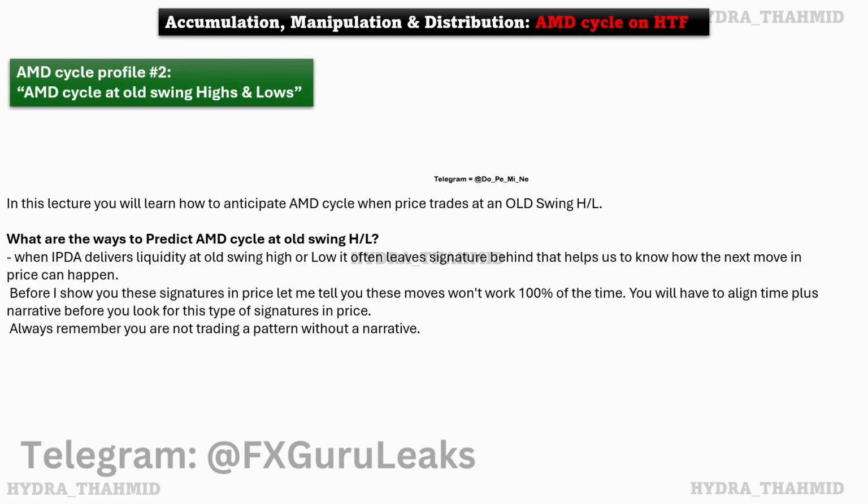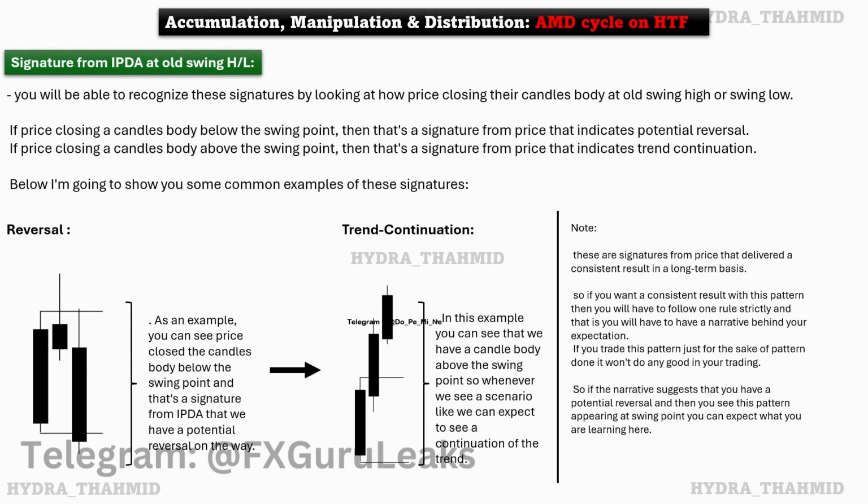I already introduced these signatures to you in our previous lecture, but here we'll be going a little bit deeper into this. Signature from IPTA at old swing high or low. You will be able to recognize these signatures by looking at how price closes its candle body at an old swing high or swing low.